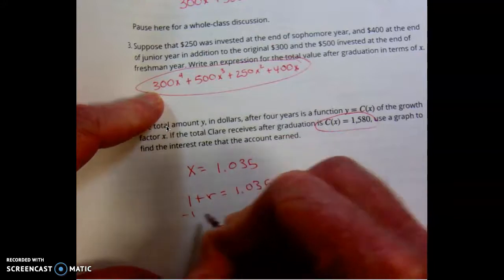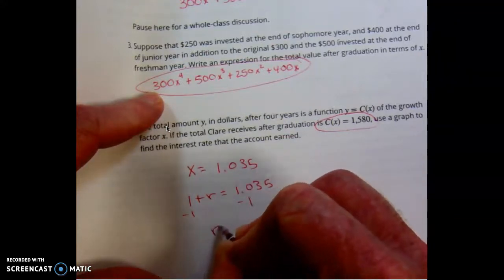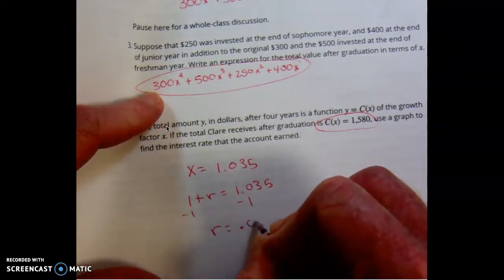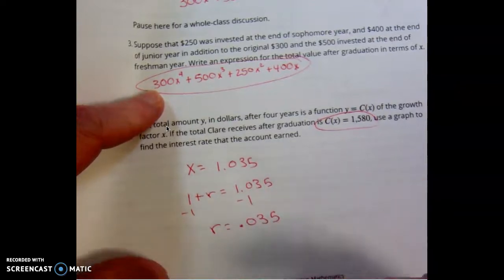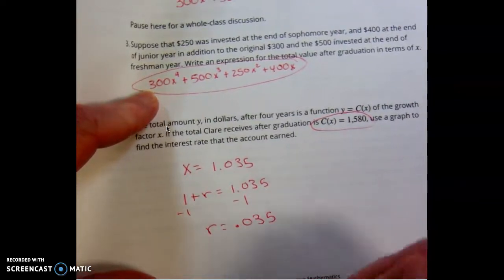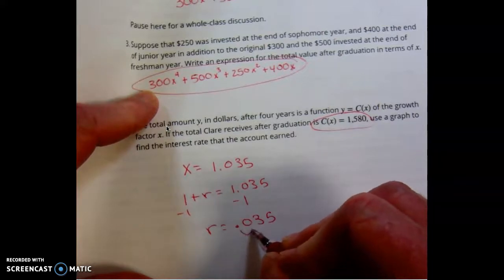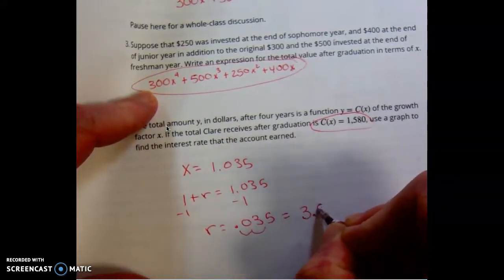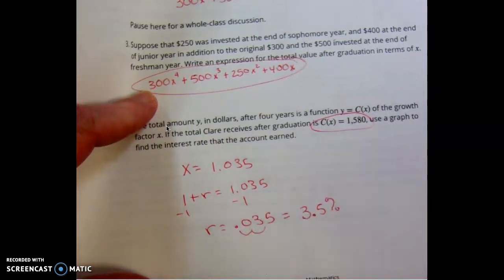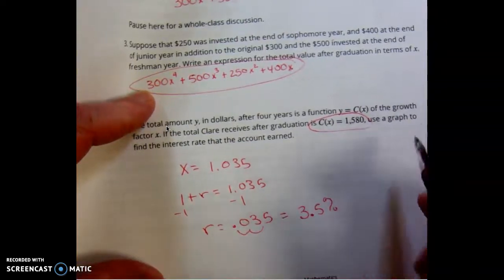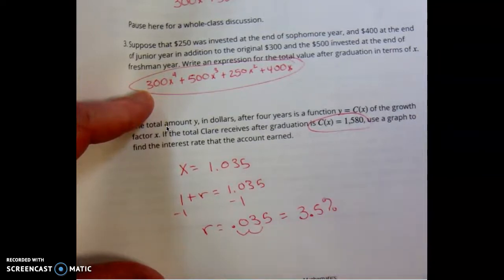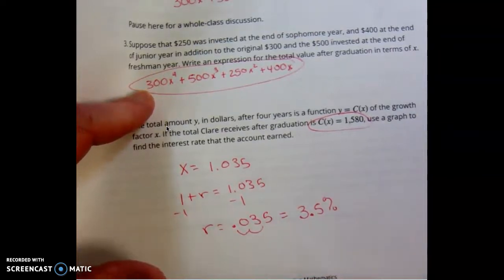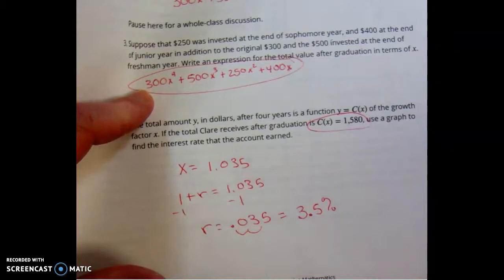If I subtract 1 from both sides, r equals 0.035. Now, if I want to turn that into a percent, remember I have to move the decimal 2 places. So that becomes 3.5%. So she was paid 3.5% interest per year. And we use the graph to help us figure that out.